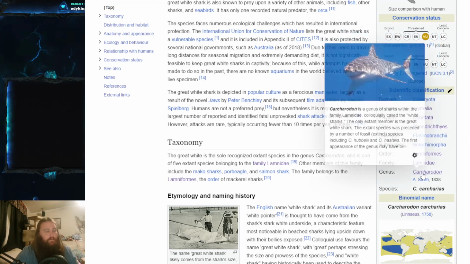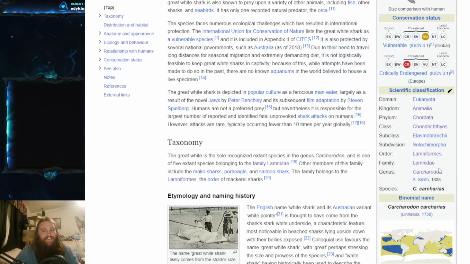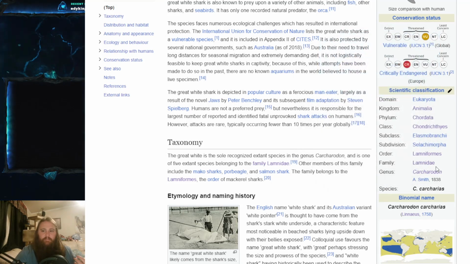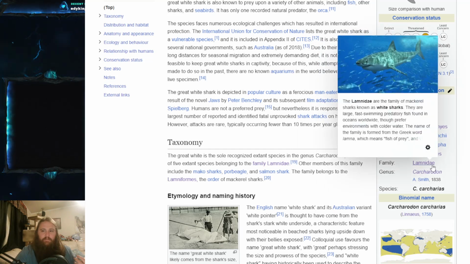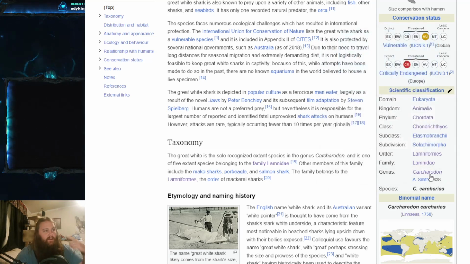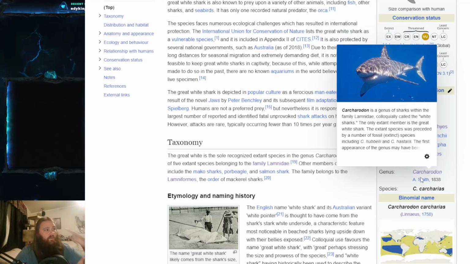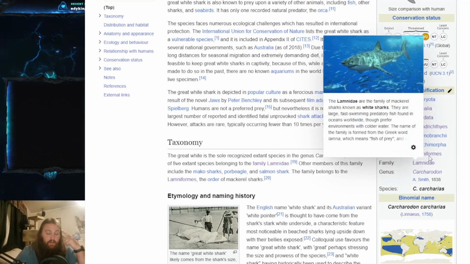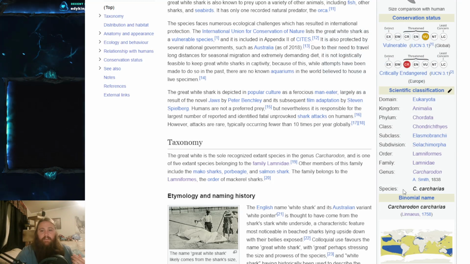Same with the family ending, idae, as in Lamnidae. If you say that, a scientist immediately knows we're talking about a family level of fish, not an actual fish species. It allows things to be much more consistent.